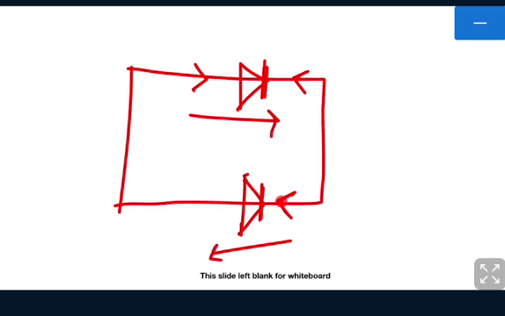But then when it goes around and there's another LED here, that means this is going backwards, so it's not lit. Yes. Okay, so that's why it's not B.